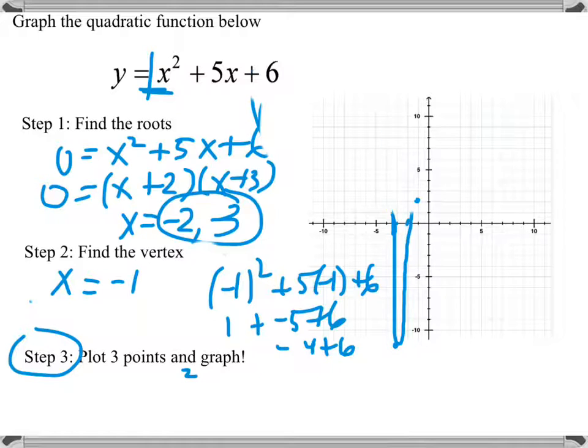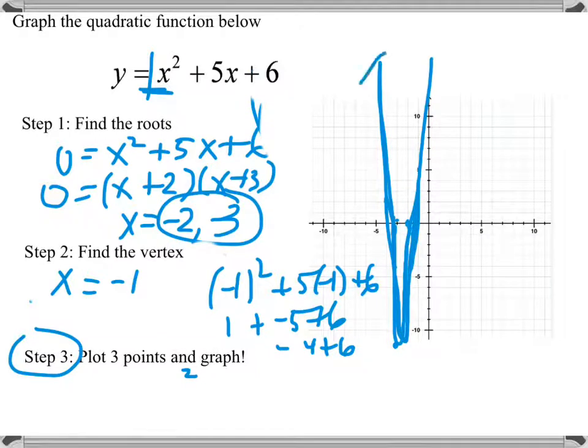Okay, so it's hard because I'm not really zoomed in here, and the roots are so close together, but negative 1, 2. Okay, so the graph would go something like this, and it looks a little strange, but it would go something like that.